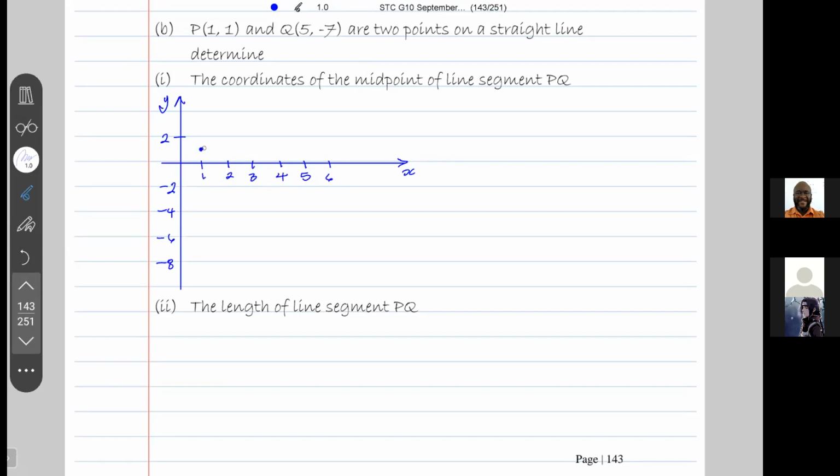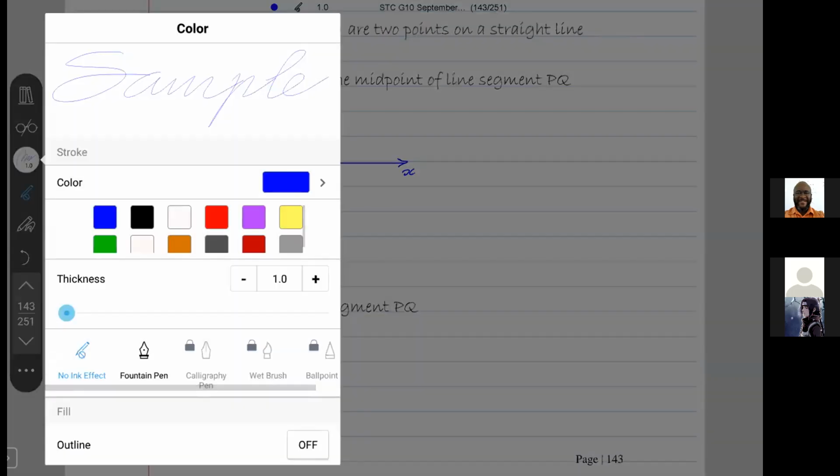So P is here. Q is the point 5, minus 7. 5, minus 7 would put me somewhere around here. So this is P and this is Q. Now P and Q, we're told, are 2 points on a straight line.